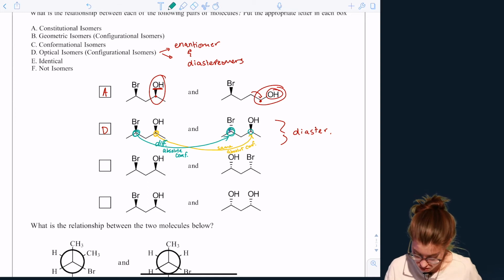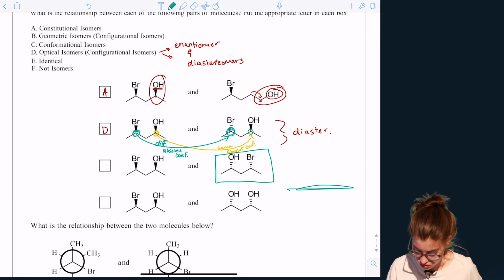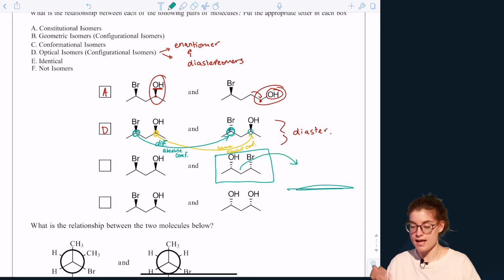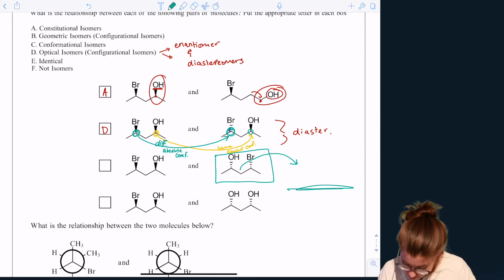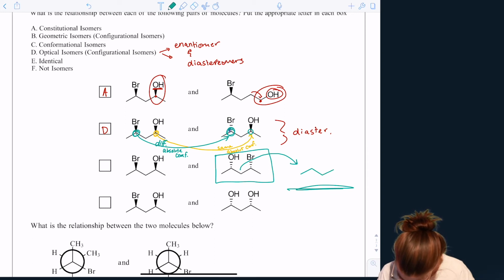So I'm going to take this molecule here, and since I have more room over here, I'll do it to this one. And I'm just going to flip it, like I take a coin and flip it on the other side. So if I flip it over, my molecule is going to look like this.